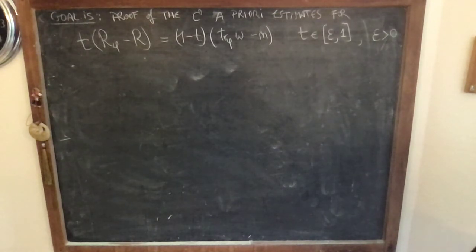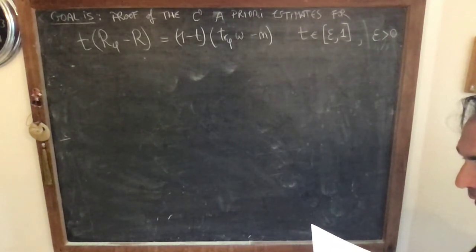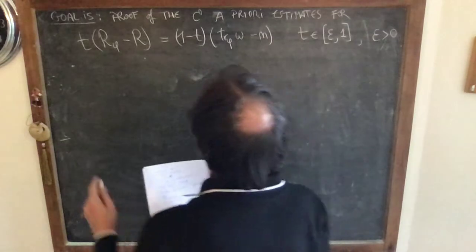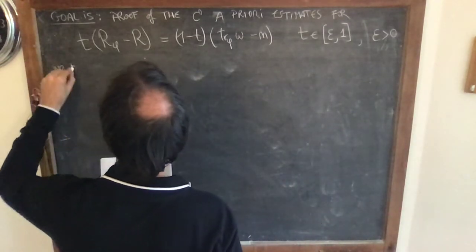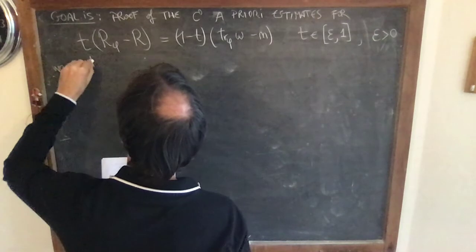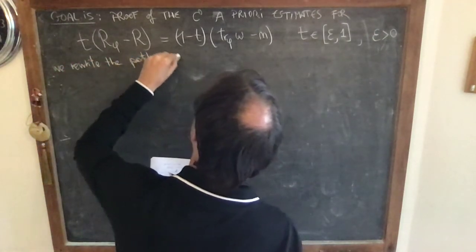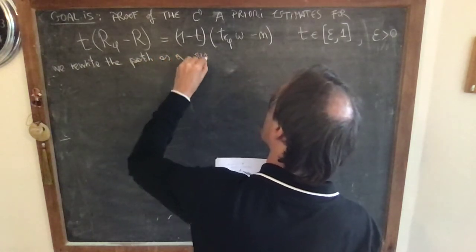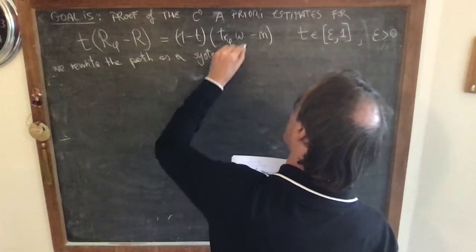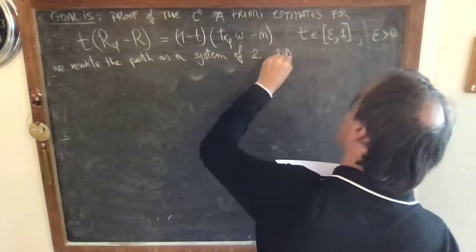So here we are going to face another feature of the continuity path that was tailored by Professor Chen Shusho in 2015 to tackle the problem. Namely, we rewrite the path as a system of two PDEs.